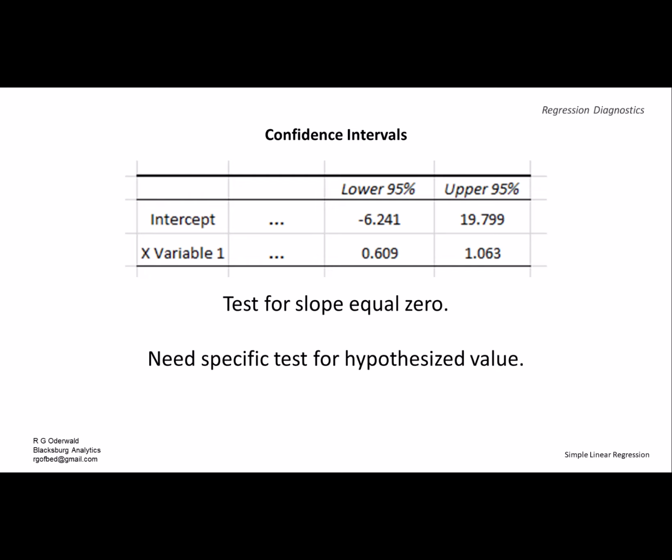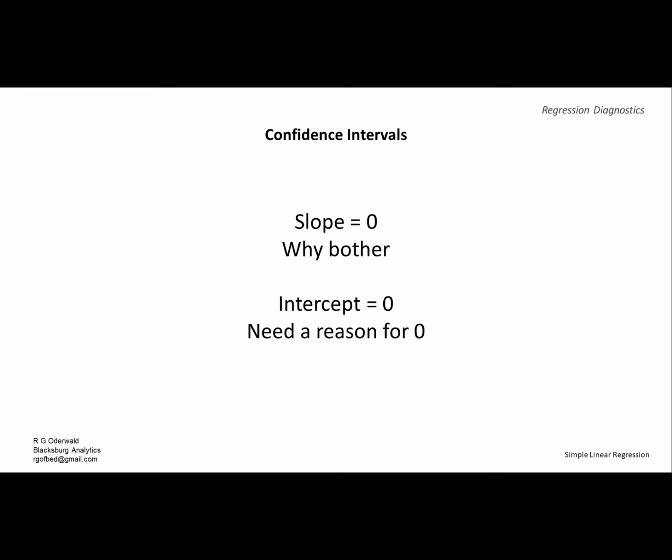These are not tests for a specific value of the intercept and slope, only that neither is 0. If you suspect the slope or intercept should be a specific value, you would need to do a specific test for that value. Testing for a 0 slope is not useful.